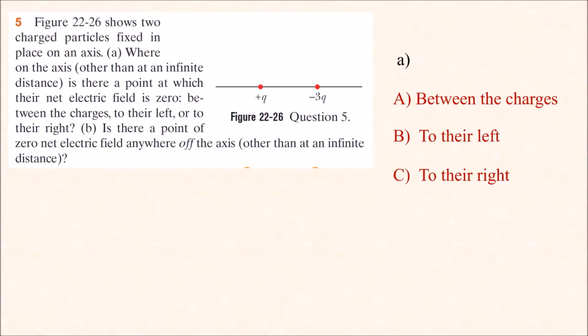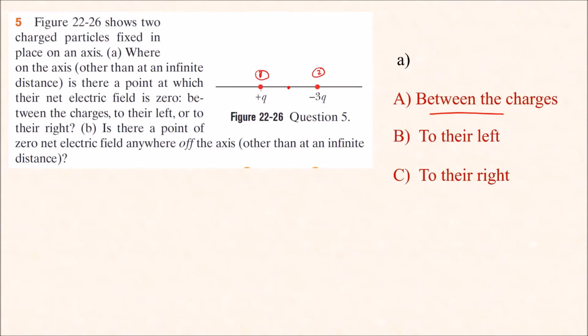One is, at any point, which direction are the electric fields of the individual charges, and can they cancel each other or not? For example, look at in between the two charges, at this point. Let me call this particle 1 and this particle 2.